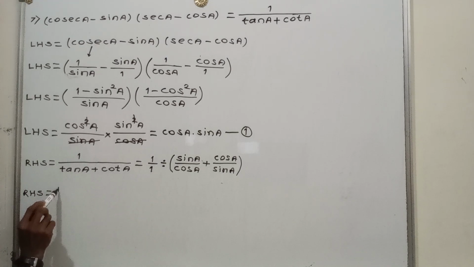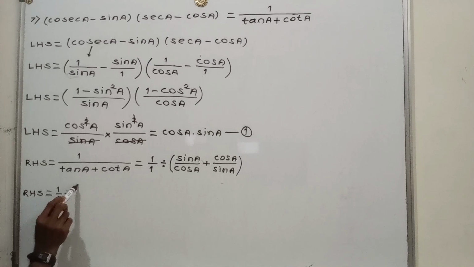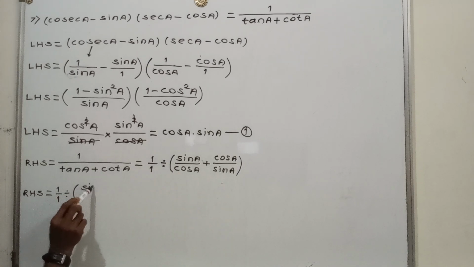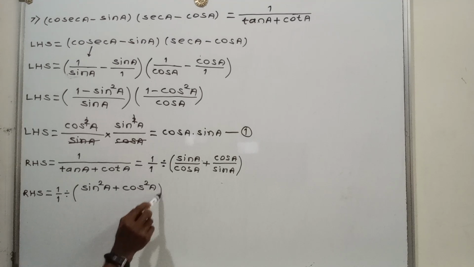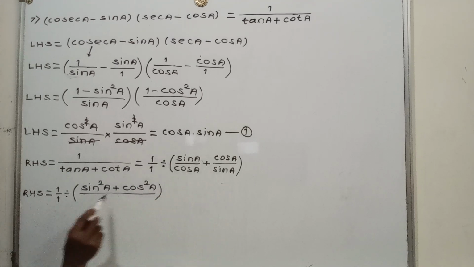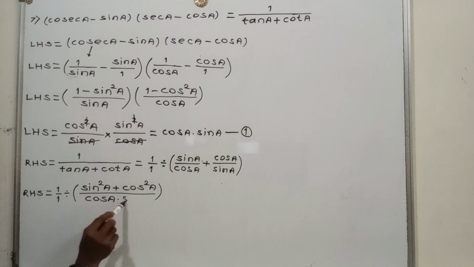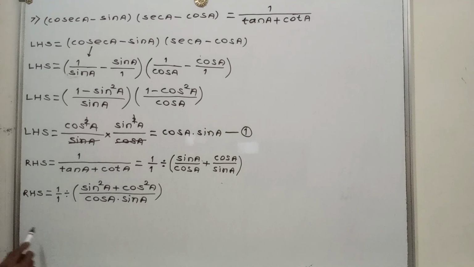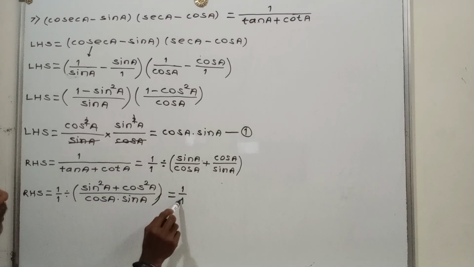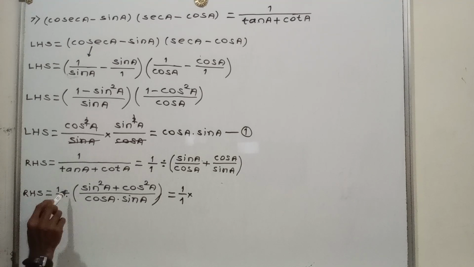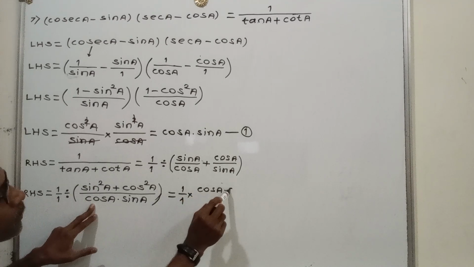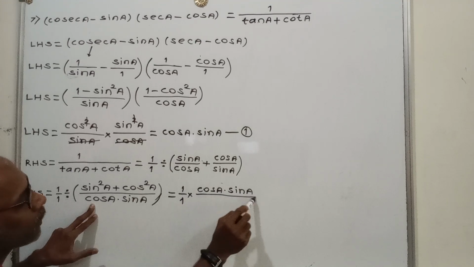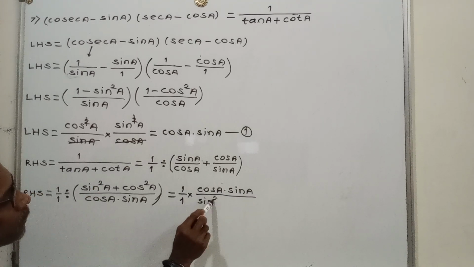Therefore, RHS is equal to 1 upon 1 divided by sin A into sin A, sin square A, plus cos A into cos A, cos square A, upon cos A into sin A. Therefore, this is 1 upon 1 into multiplicative inverse, means division we convert into multiplication by taking denominator at numerator and numerator at denominator.